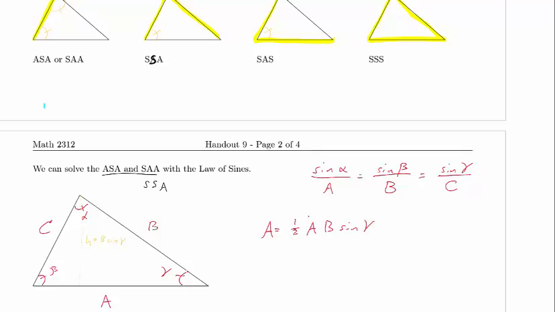And note that the letters A and B are always the ones that are both adjacent to the angle we're looking at, just kind of the way it goes. So keeping that in mind, we're going to do the same thing for each angle. So we have 1/2, and H in this case equals A sine beta.